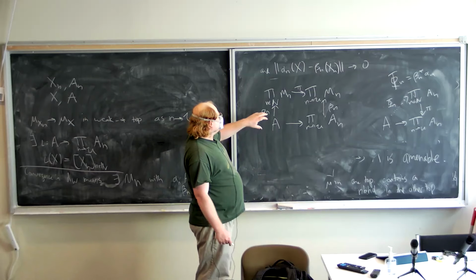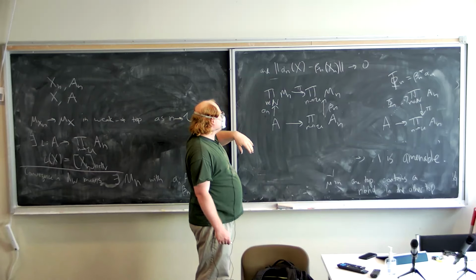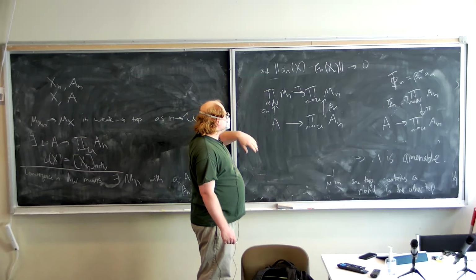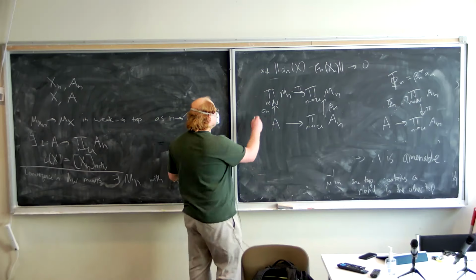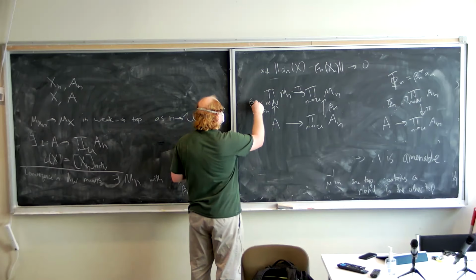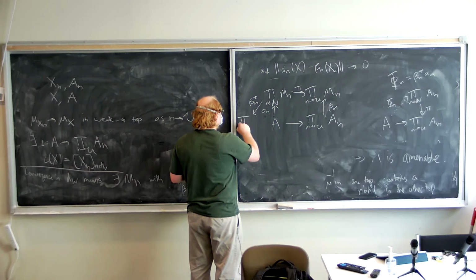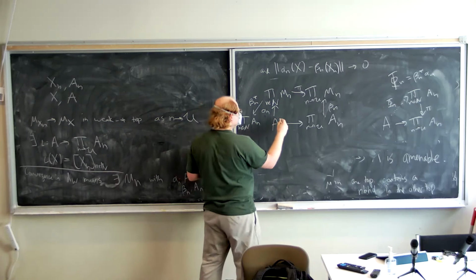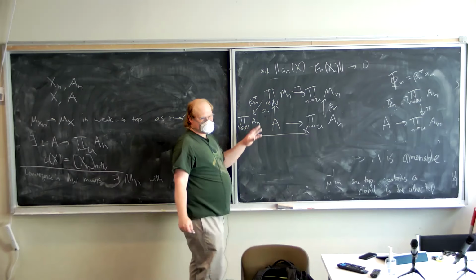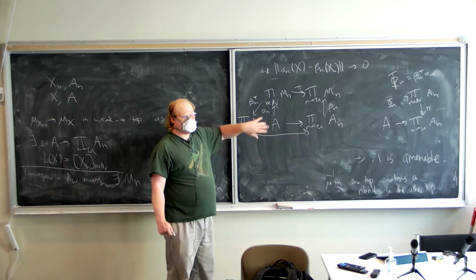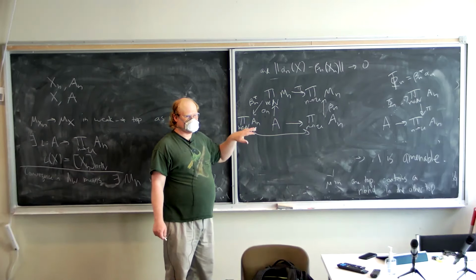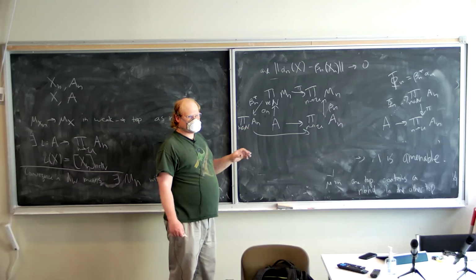So if you consider the plain product of the Mns, I left out, you can map by the beta n star into the plain product of the ANs, and then that maps to this. And this commutes because I'm just using these maps and their adjoints, and everything works out.